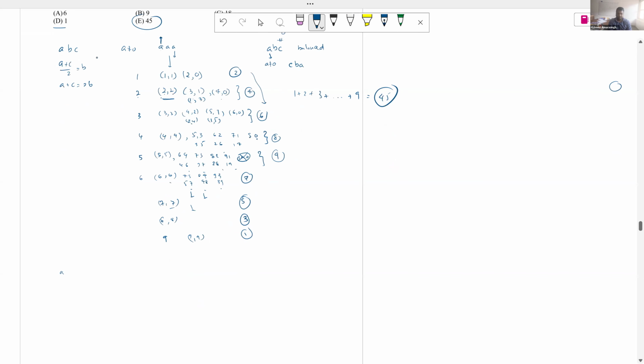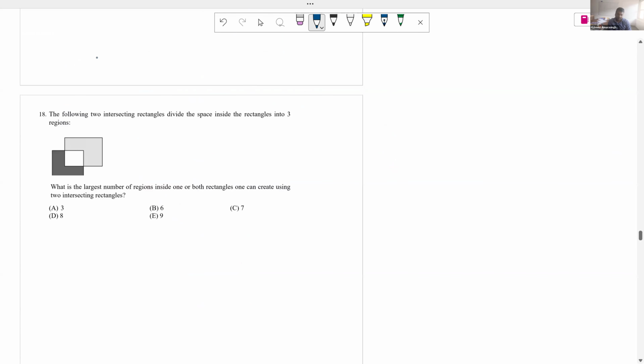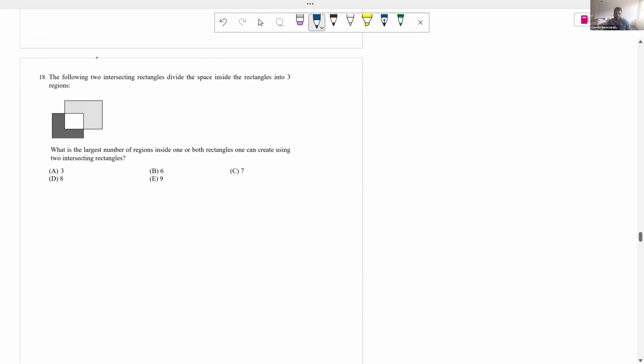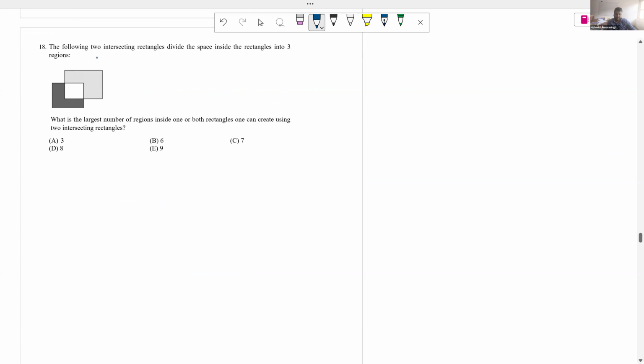Okay, let me go to question number 18, which also stumped me when I did it for the first time. The following two intersecting rectangles divide the space inside the rectangle into 3 regions. What is the largest number of regions inside one or both rectangles one can create using 2 intersecting rectangles? Okay, so for example, if you do like this, you will have 1, 2, 3, 4, 5 regions.